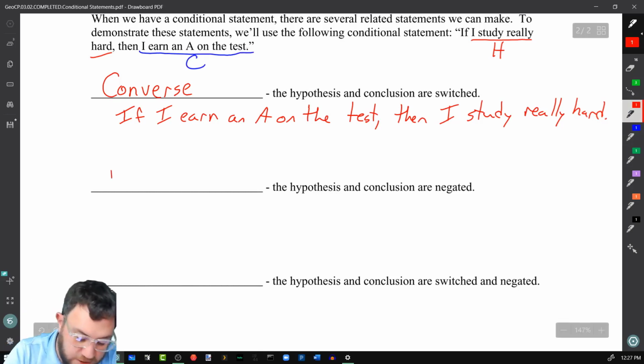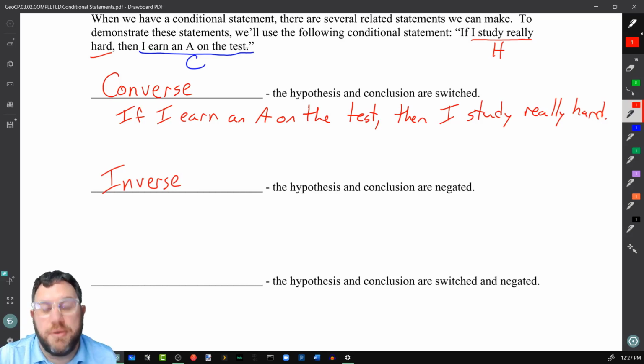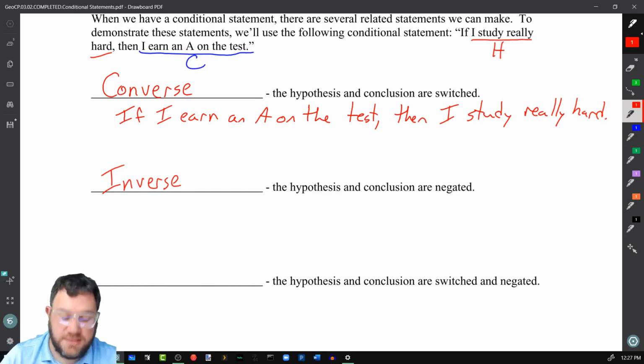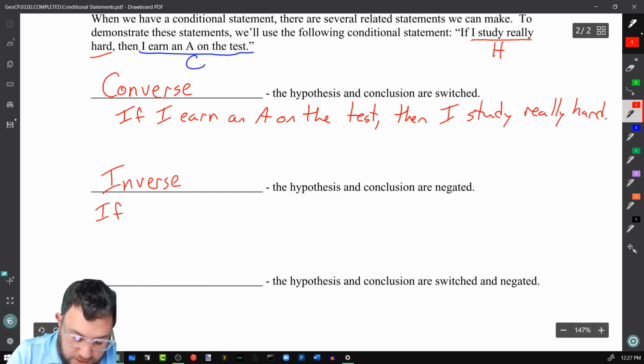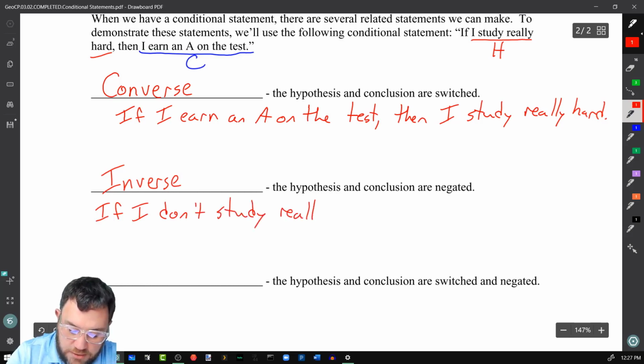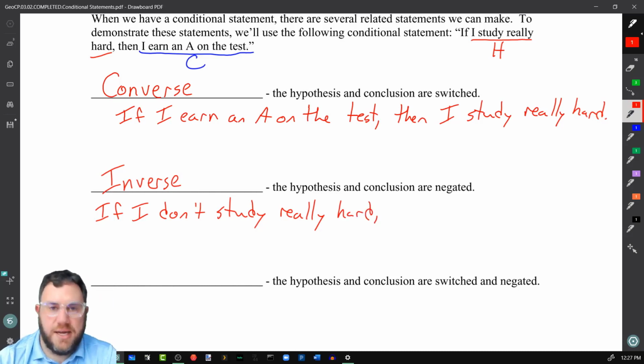Our next one is called the inverse. With the inverse, we negate both pieces. So we don't move them around, but we do negate both pieces. So if I don't study really hard, and this is one of those where you have to change things up a little bit. We wouldn't say if I not study.